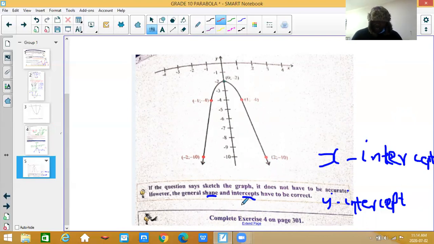Right. Now, I want you on the second period to work out this exercise. Complete exercise 4 on page 301.